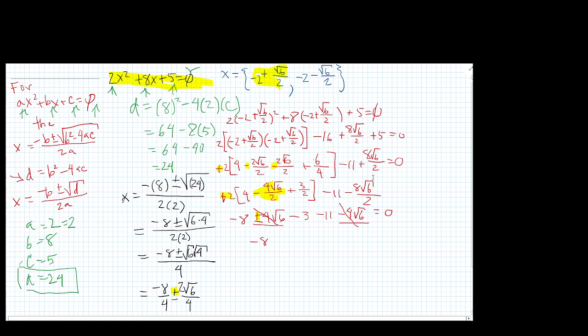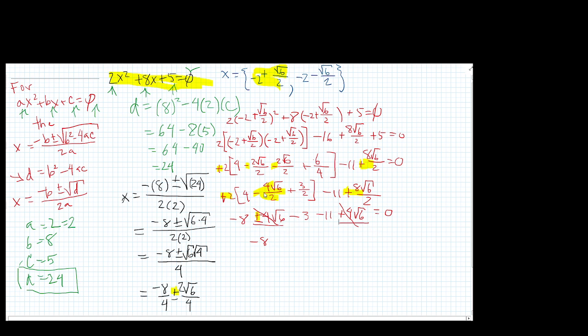But here my math went wrong. Notice here my positive, that should have also stayed as a positive. So I'm going to fix that. So I'm going to fix this. Okay, and they canceled that correctly.